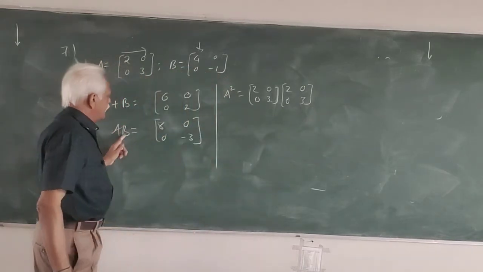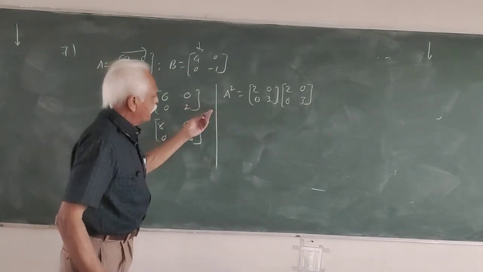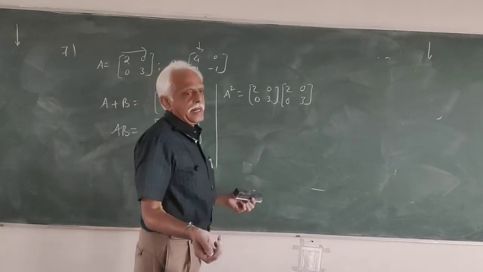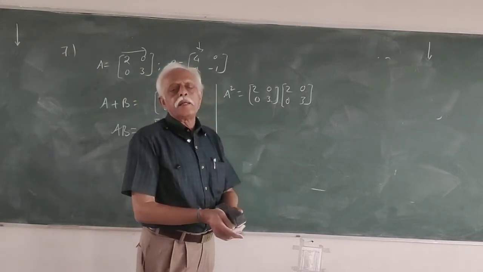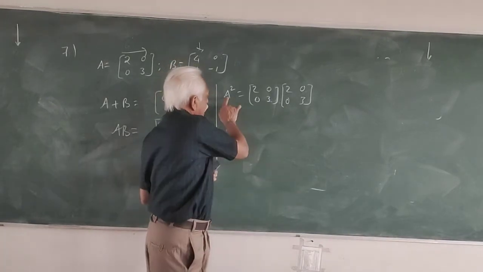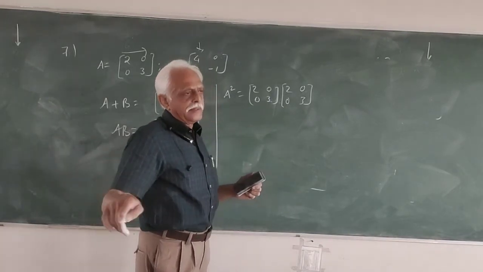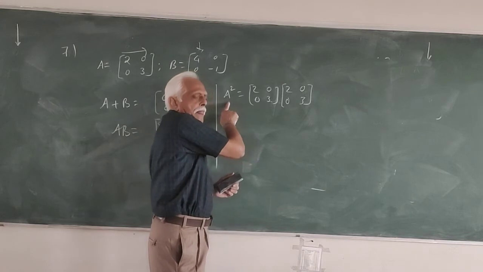Already we have seen. Isn't it? B square also will be a diagonal matrix. If you add them, you will get a diagonal matrix. See, D is the name of a matrix. I am taking it as A.